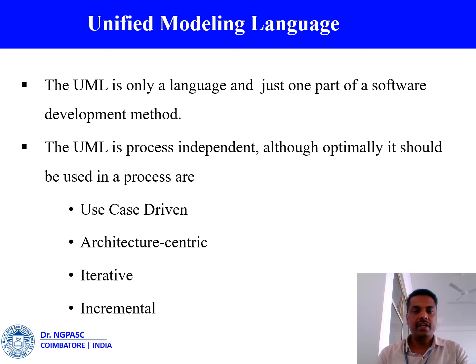The UML is only a language and just one part of a software development method. The UML is process independent, although optimally it should be used in a process that is use case driven, architecture centric, iterative and incremental.